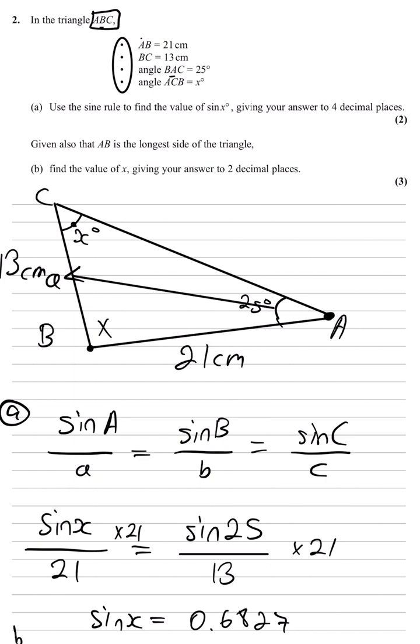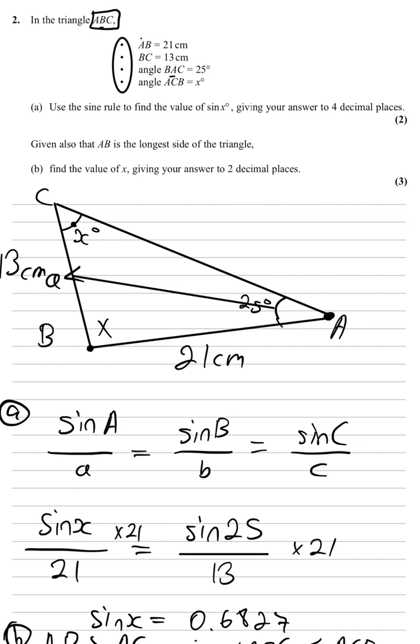And now in part B, it states, given that AB is the longest side of the triangle, find the value of X. Now, since AB is the longest side of the triangle, we can see that AB is greater than AC. Okay, and so, well, that's a therefore symbol, the angle ABC is going to be smaller than ACB.